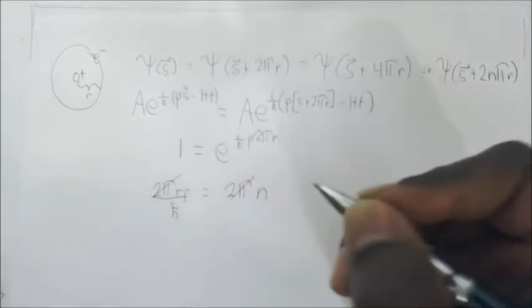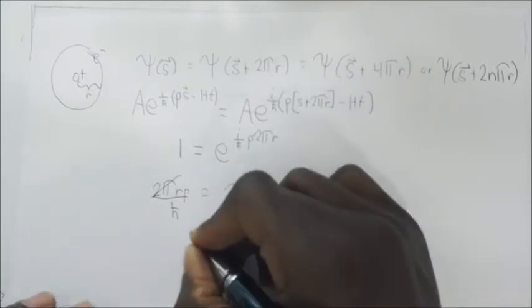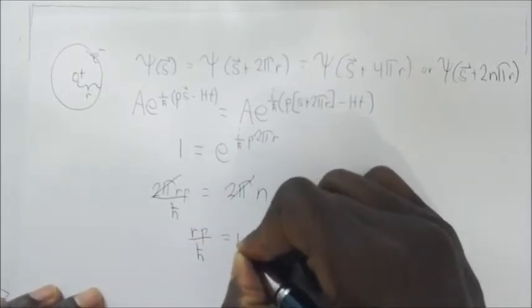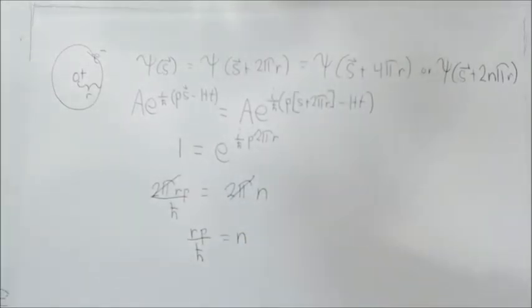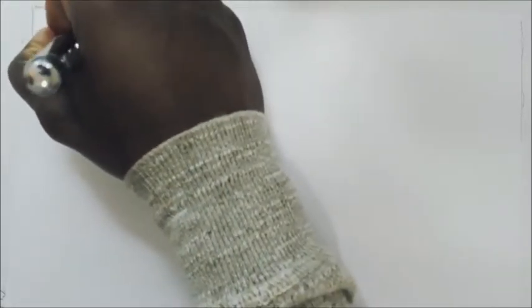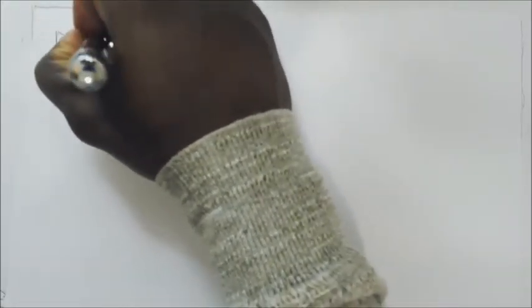Dividing both sides by 2 pi, we get r times p over h bar is equal to n.